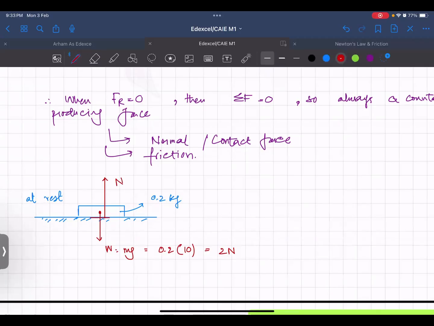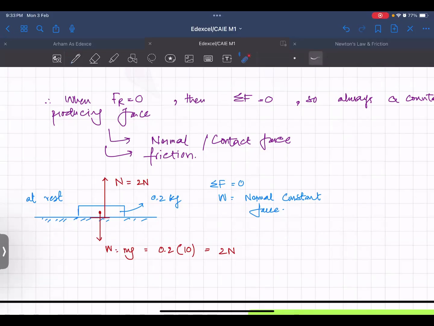Normal contact force would be the same as the weight, because we know this object is at rest, so the sum of forces would be zero. There are no horizontal forces. So definitely the weight would equal the normal contact force. And that's why this object is right now at rest.